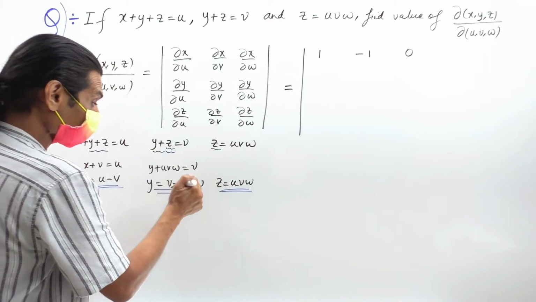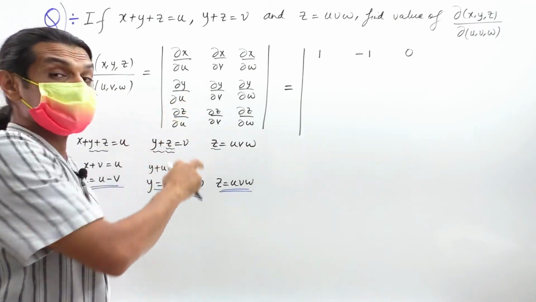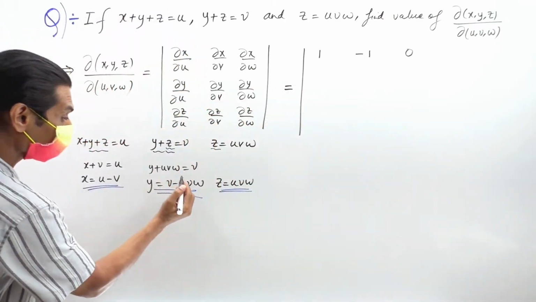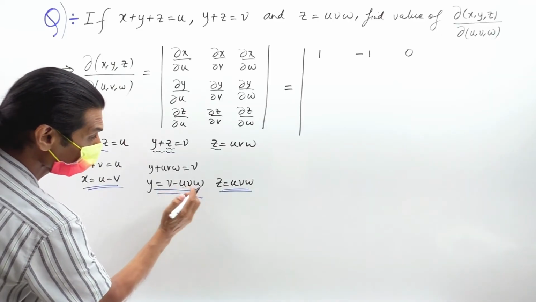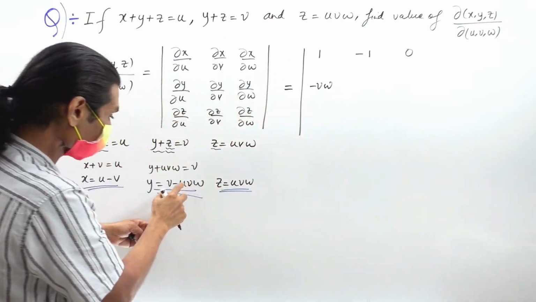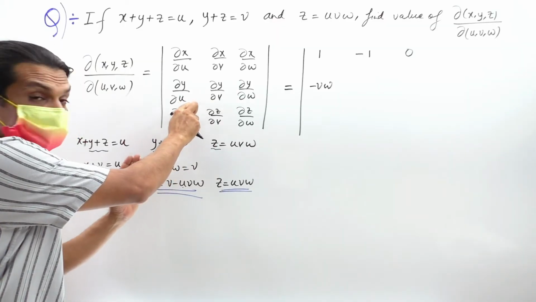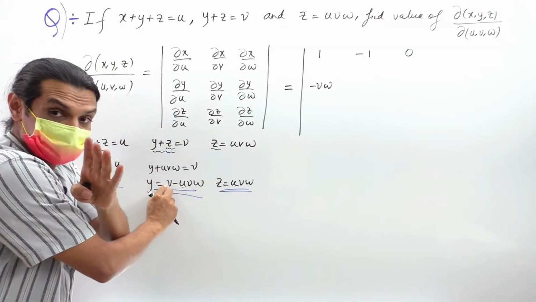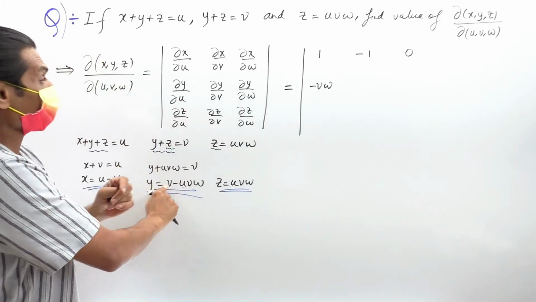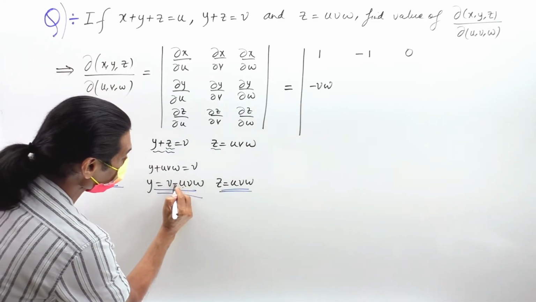That's it. Next, ∂y/∂u. See, what is y? y is v minus uvw. We need to partially differentiate y with respect to u. v is constant, its derivative is 0. So vw as it is, differential of u is 1, and there is a minus sign here.